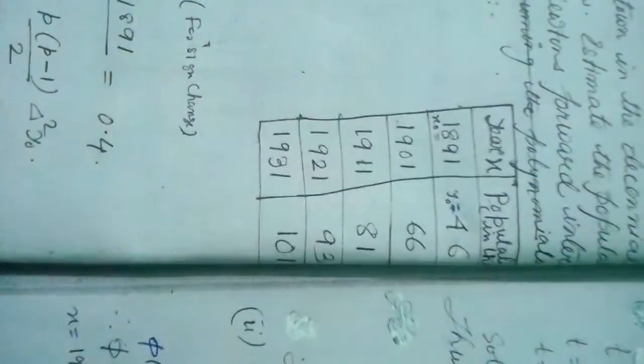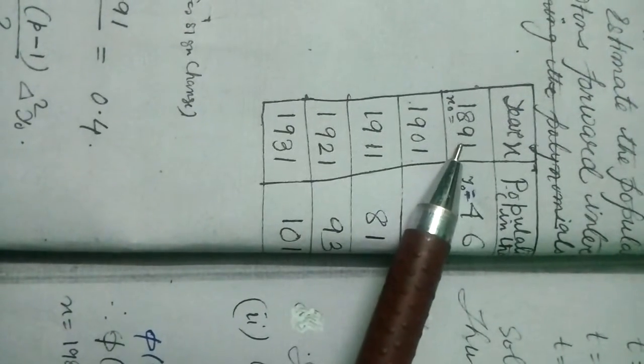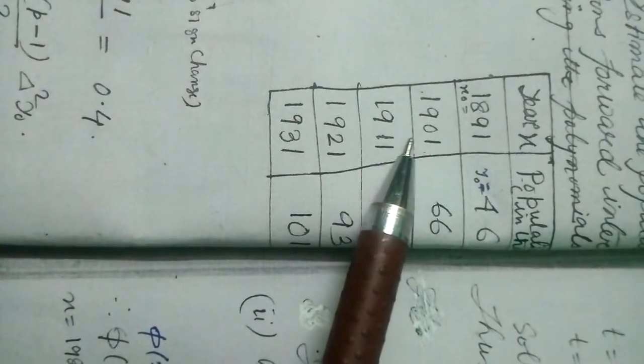This is the population given. Now x is the year 1891, 1901 and so on, so after 10 years. This is 46 in thousands, then 66, 81, 91, 101.